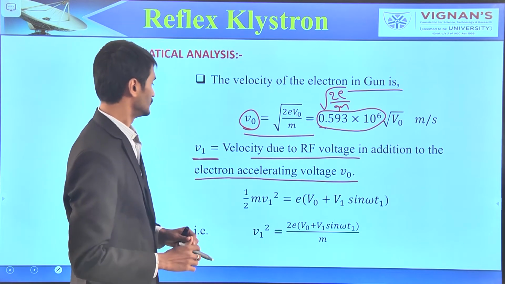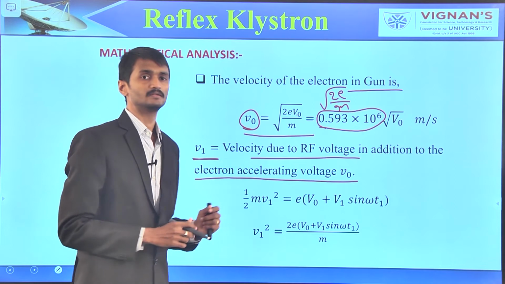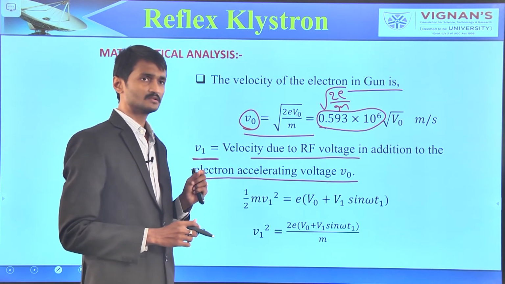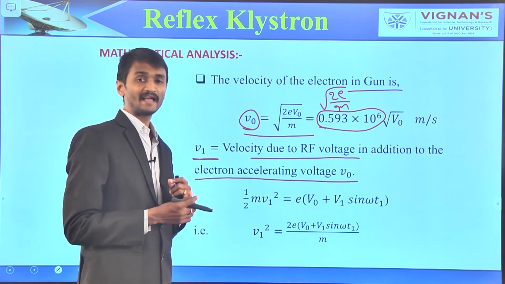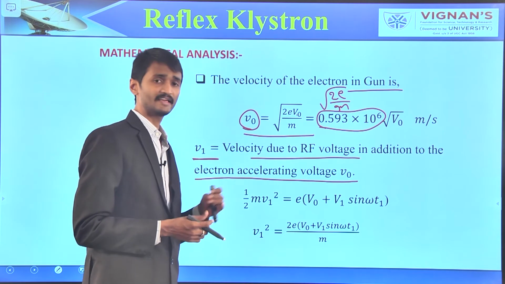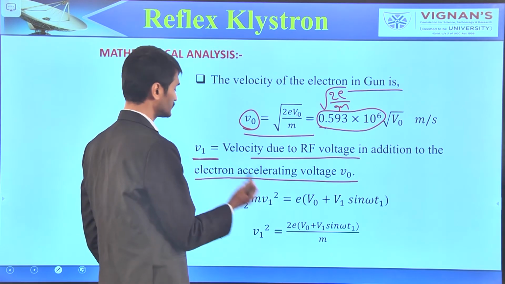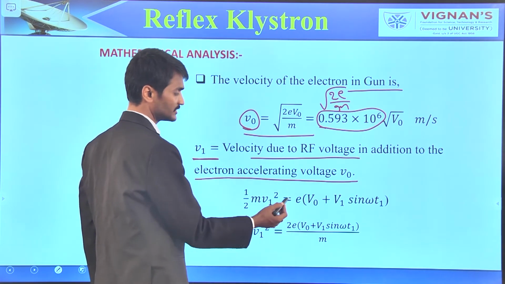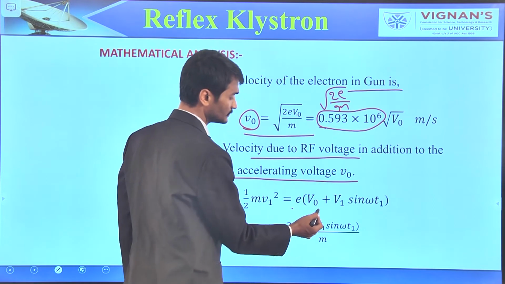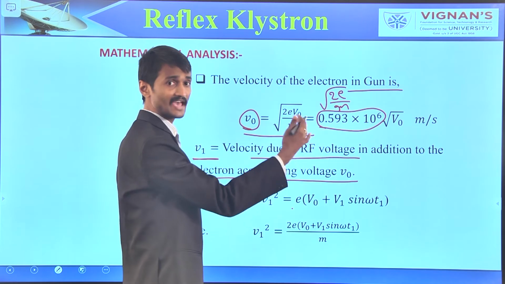Next, we know that under the equilibrium condition, kinetic energy equals static energy. So half m v1 squared is equal to eV0 plus eV1 sin omega t1, at the gap we are considering.